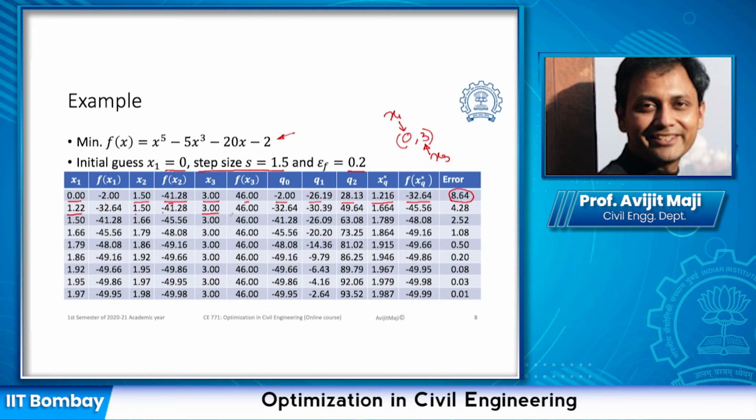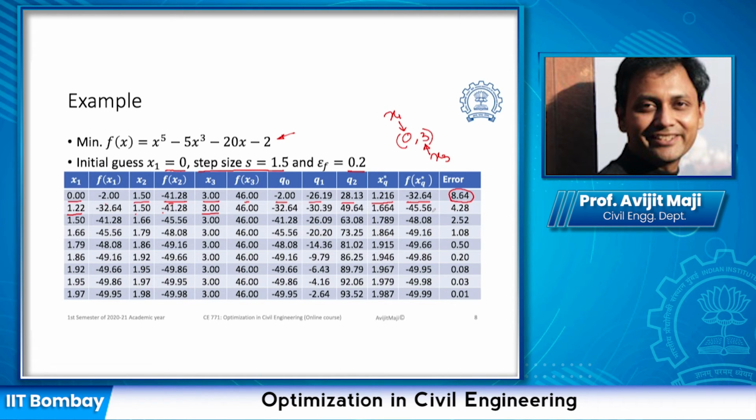Then based on these 3 points and their function value, we can again estimate the q0, q1, q2, and from those we can estimate the optimum point on the quadratic function and its objective function value at that point for the problem which we are solving.